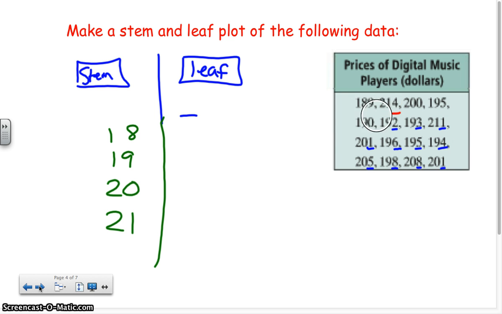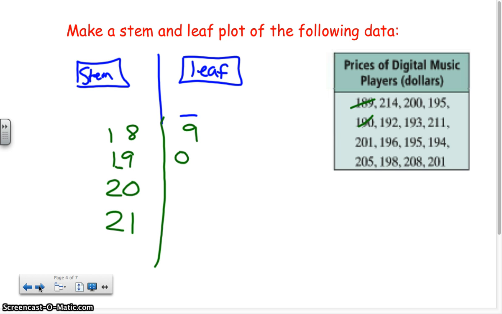Now I want to organize the data in increasing order. So I'm going to look at anything that has the 18 in front, and it looks like just 189 is what I have. I don't have any other 180s. Looking at the 190s, it looks like I have a 190, so I write a 0, because I already have the 19.